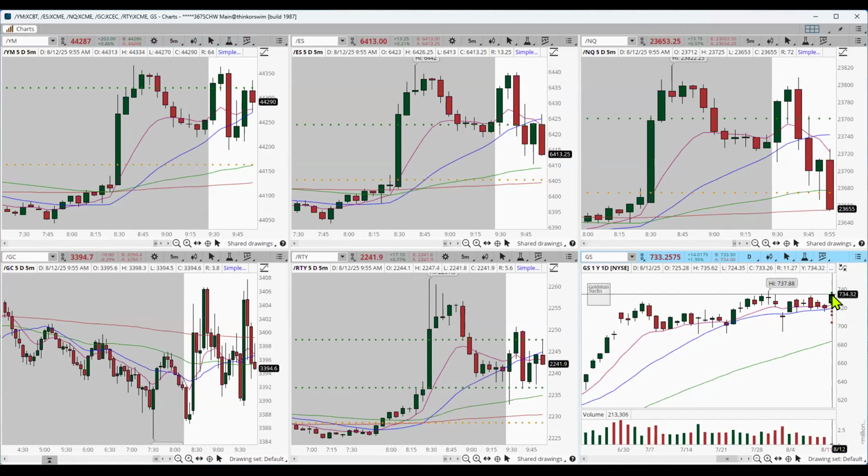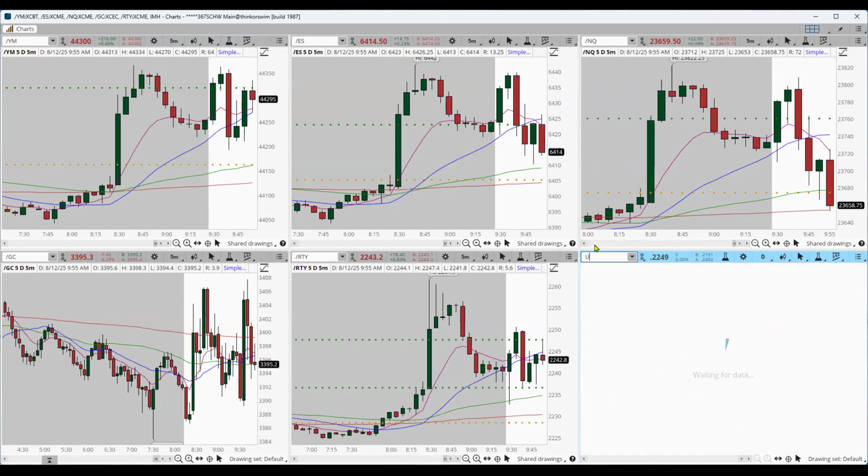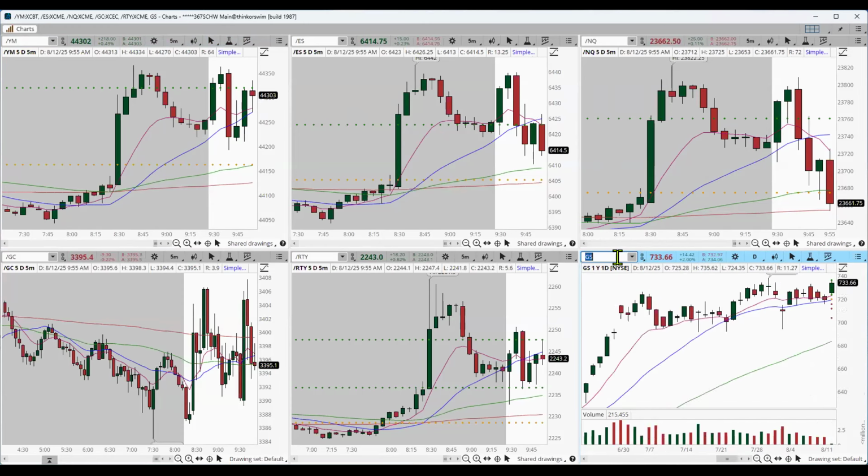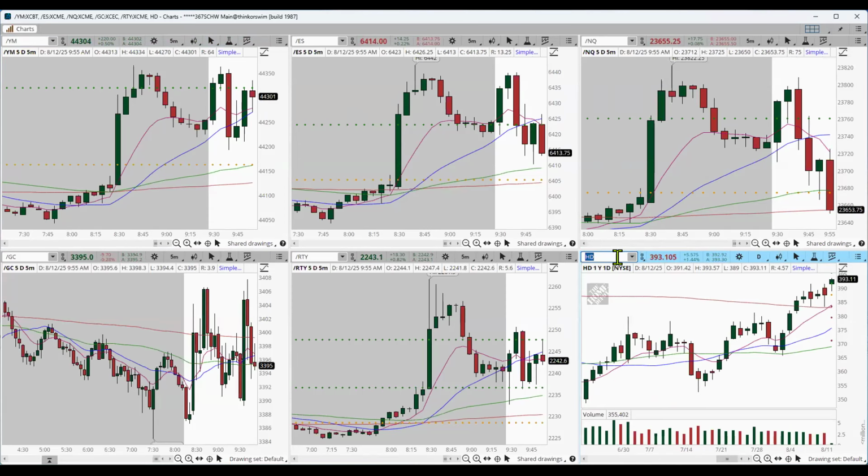JP Morgan is still sideways. Telling you what's pushing. Some of the biggest components in the Dow are UNH, and here it is, 2.77% higher today. Obviously, Goldman Sachs that we spoke about. The next one, Home Depot, which is higher.